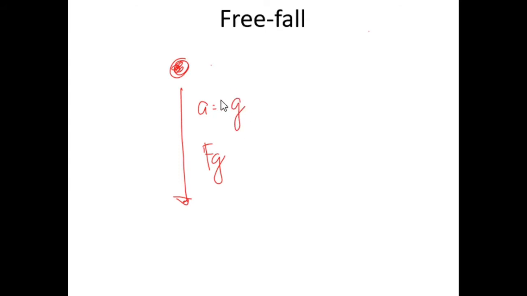Since it's accelerating, the negative sign tells us that it's downward, but it's still moving faster and faster as it goes down. But if you throw a pebble, or if you throw an object upwards, what do you think will be the velocity at the top?